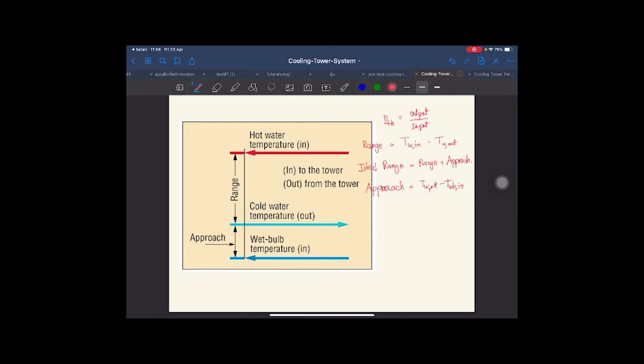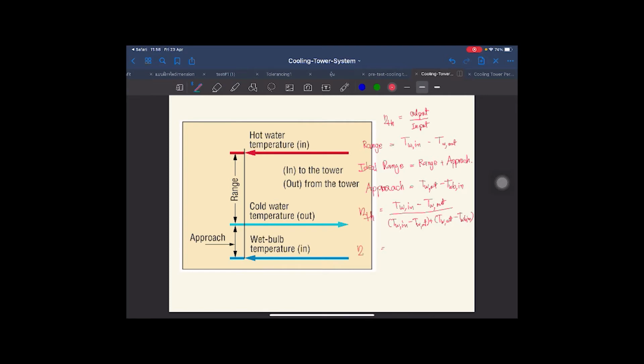Okay, the performance of the cooling tower will be equal to (T water inlet minus T water outlet) over (T water inlet minus T water outlet plus T water outlet minus T wet bulb inlet).